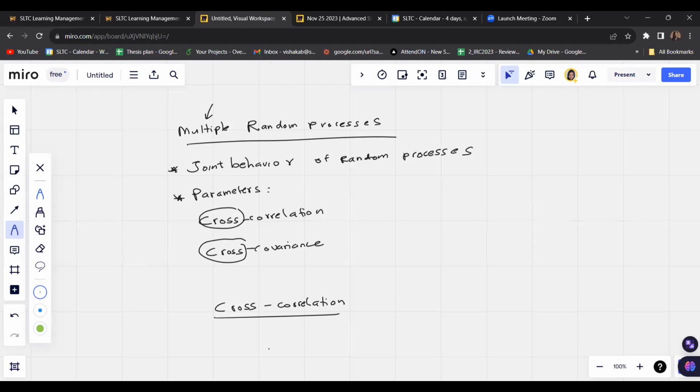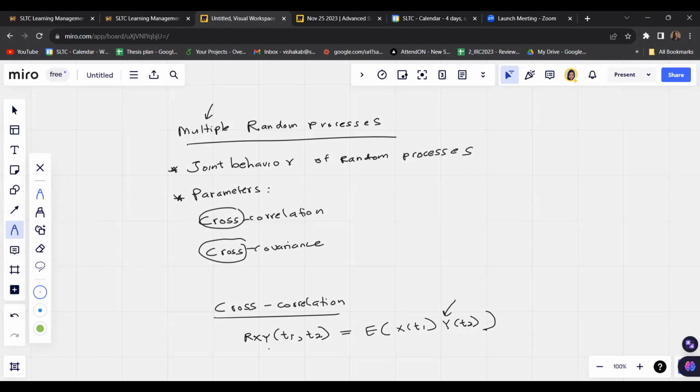The only difference here is that the cross correlation can be found by taking the correlation between X and Y signals, right? There are two signals at T1 and T2 time instances, we are going to study these two signals, and that is defined as the expectation of x t1 and y t2.